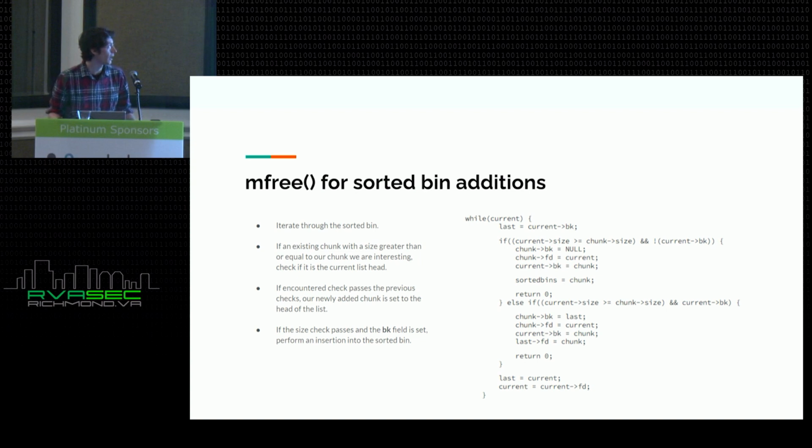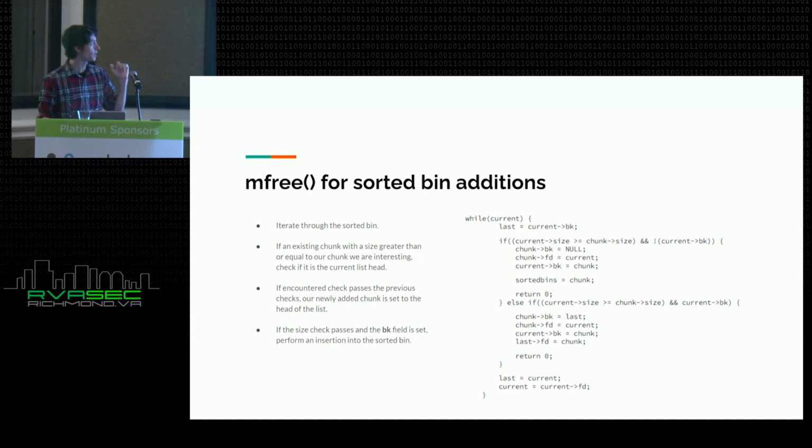If we look at our second if statement, if the size of the chunk that we're iterating through is greater than the one that we're inserting, and the back one is set, this is going to do an insertion somewhere in the middle of the list. It's going to set the back value of our new chunk to the last chunk.